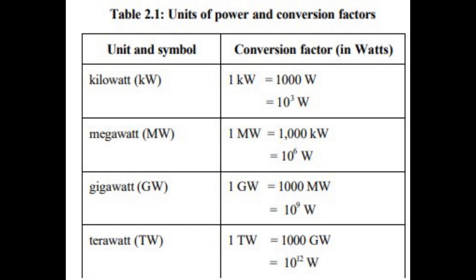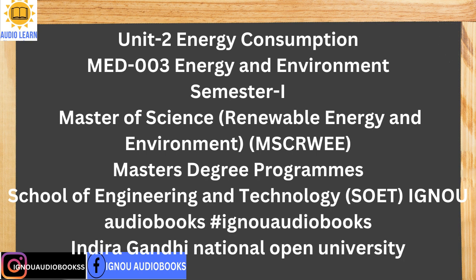One unit measured by the electricity meters in our homes is equal to 1 kilowatt-hour. The amount of energy converted, generated or consumed by a device is defined as the product of the power of the device multiplied by the time for which it is used. 1 kilowatt-hour is equal to 1 kilowatt into 1 hour, which is 1 unit of energy.